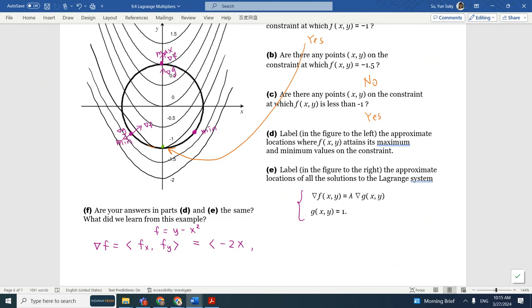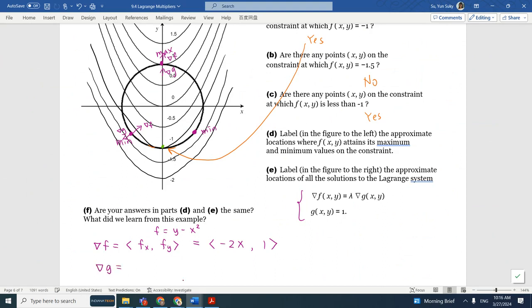Derivative of y is 1. Derivative of x squared? 0. Yeah, y is the variable, x is treated as a constant. So we get 1. Right, everybody? And so this is the gradient of f.